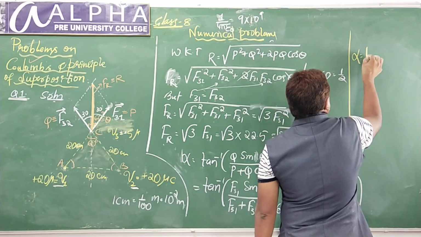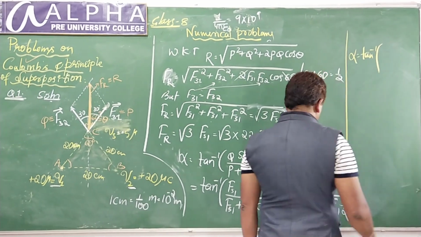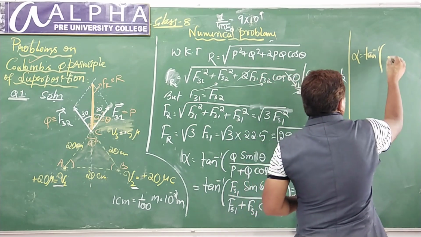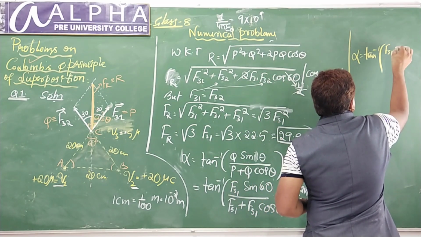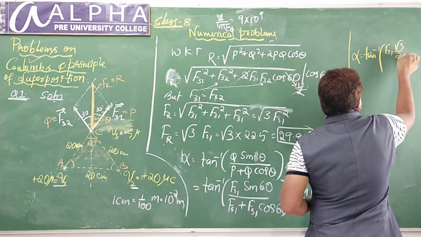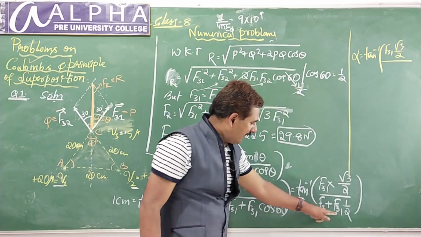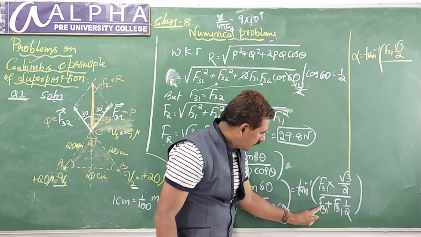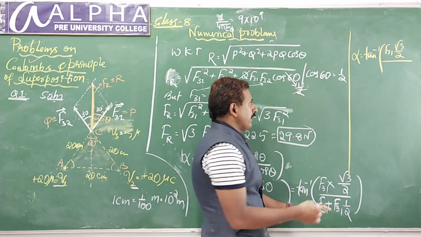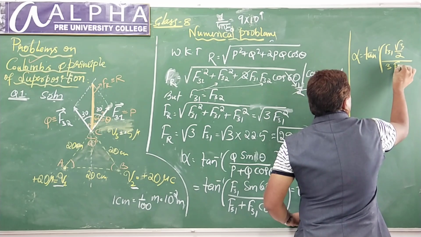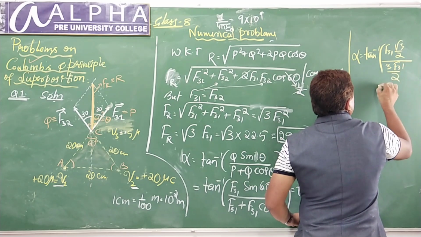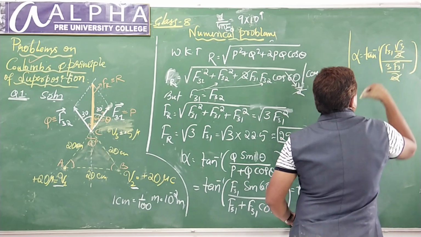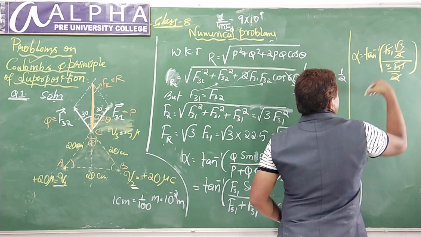Alpha equals tan inverse of F31 in the numerator times root 3 by 2, whole over, if I take the LCM, 2 times F31 plus F31, that is 3 F31 divided by 2. So 2 cancels, F31 cancels.